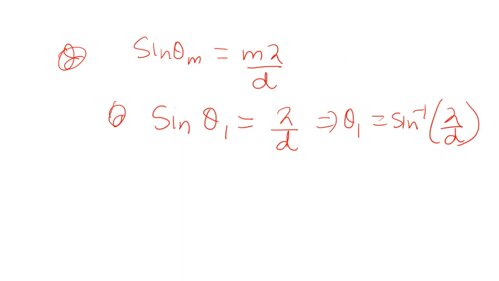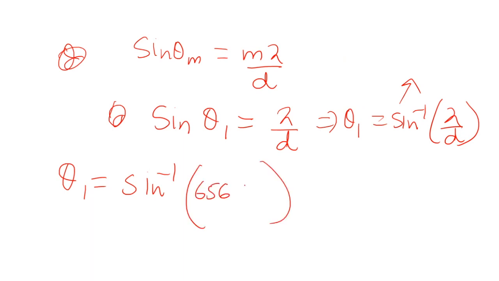If we are talking about the red fringe, then theta 1 is equal to sine inverse of lambda, which for red color is 656 into 10 to the power minus 9, because the wavelength of red color is 656 nanometers, divided by d, which we calculated as 2 into 10 to the power minus 6. When you solve this, you get theta as this.